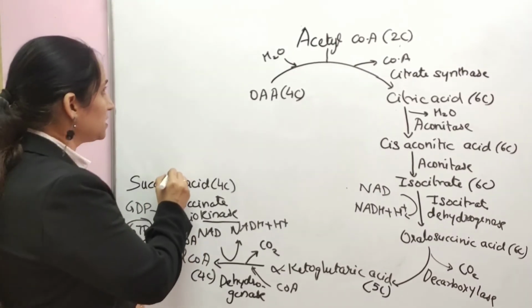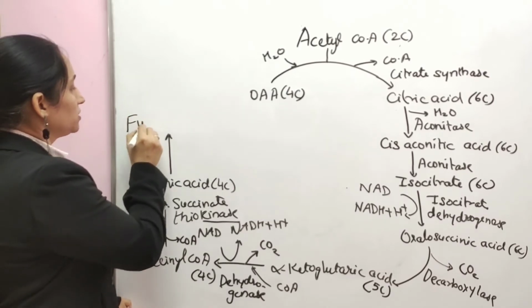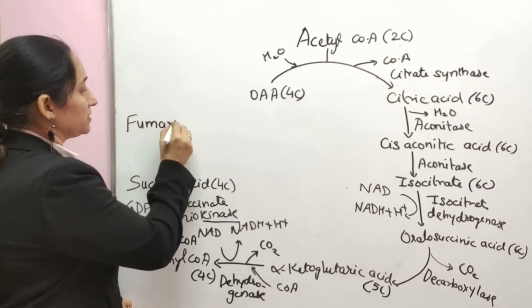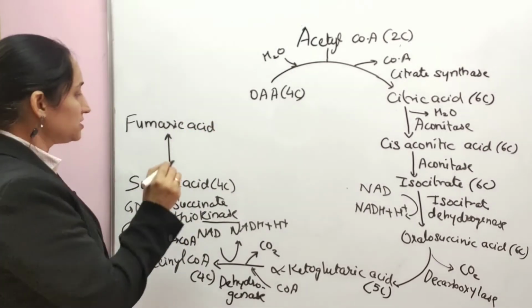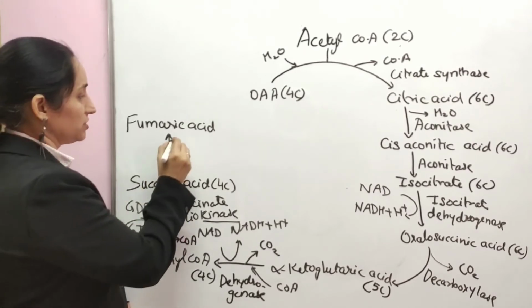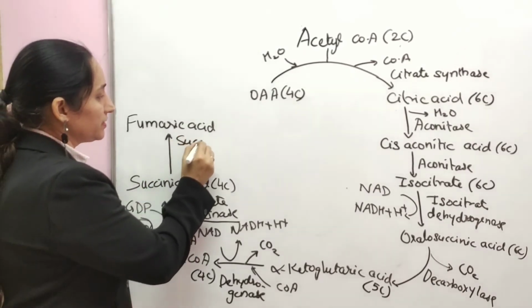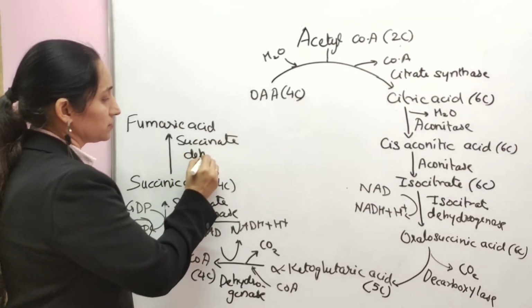Now in the next step, this succinic acid will get converted into fumaric acid or fumarate. In this reaction, the enzyme which is catalyzing this reaction is succinate dehydrogenase.